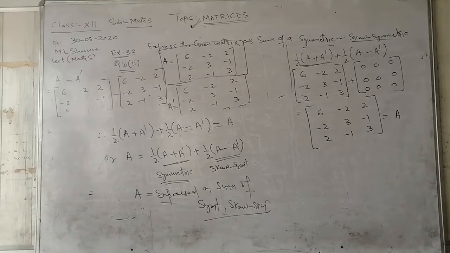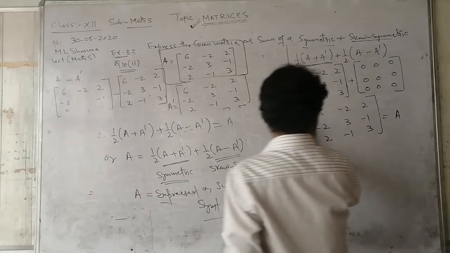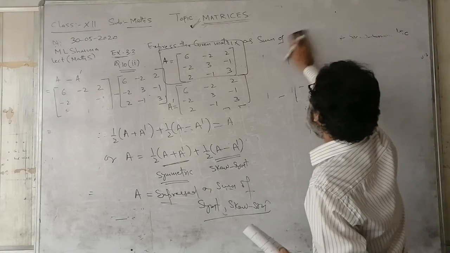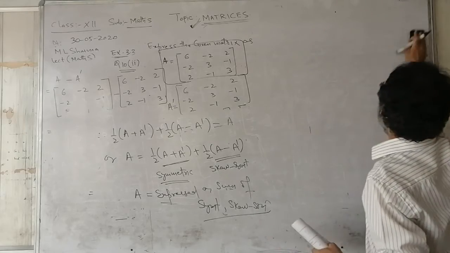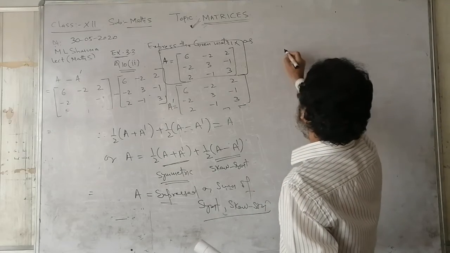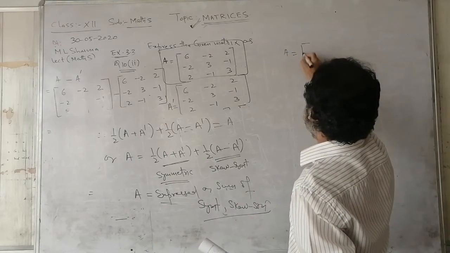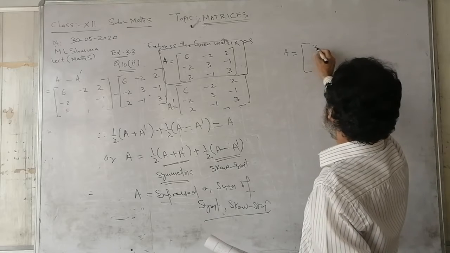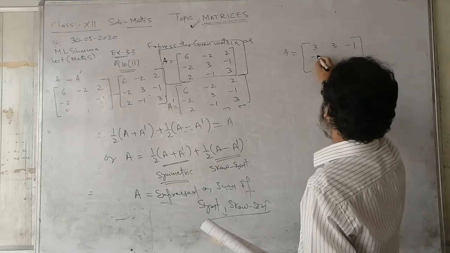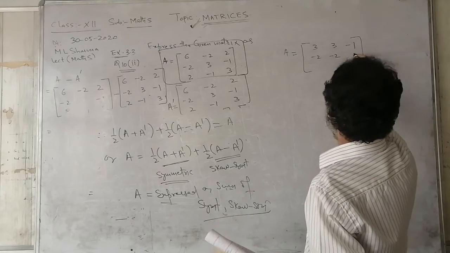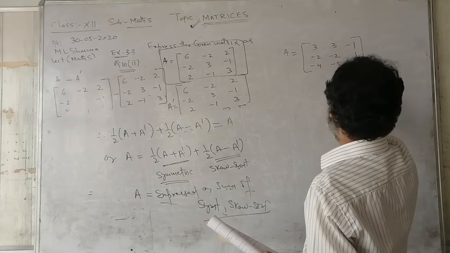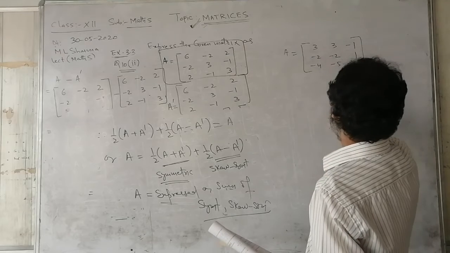The matrix A has elements 3, 3, minus 1, then minus 2, minus 2, 1, minus 4, minus 5 and 2 here.